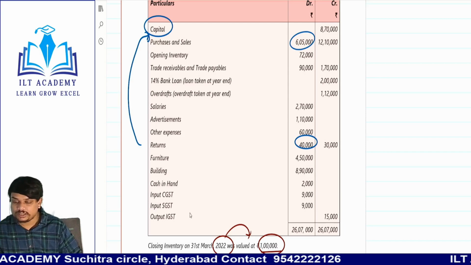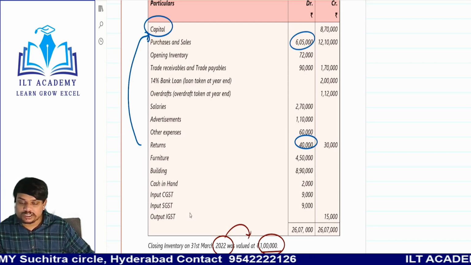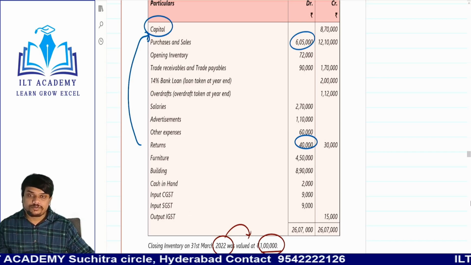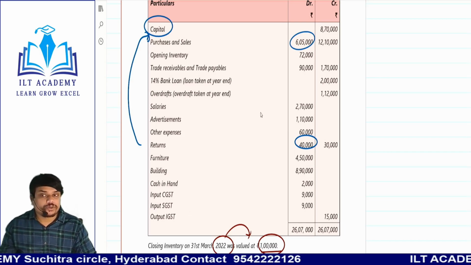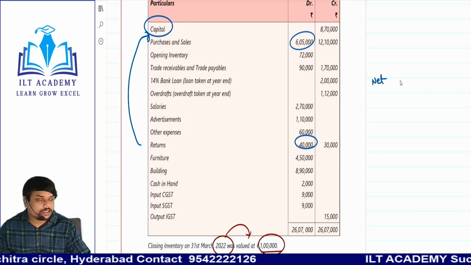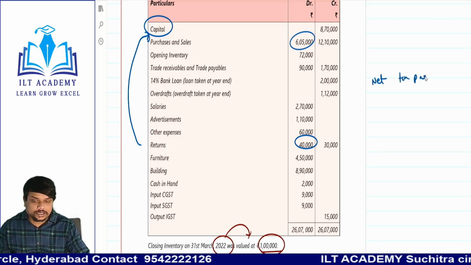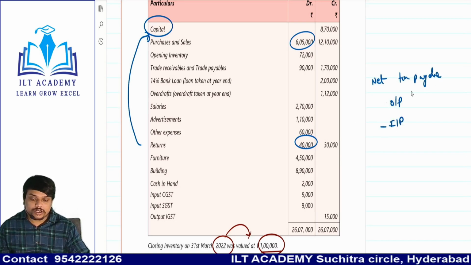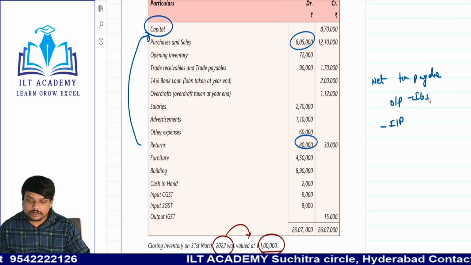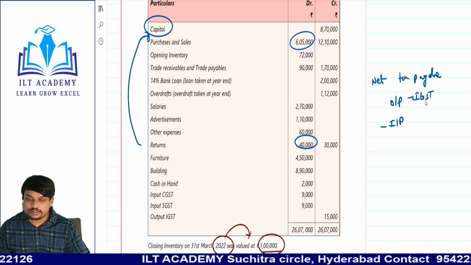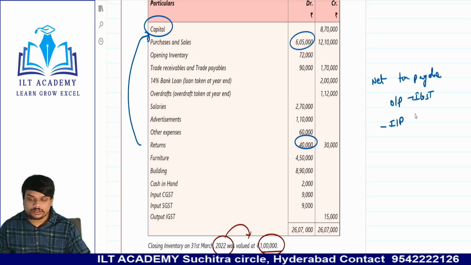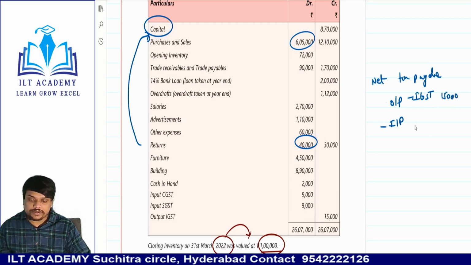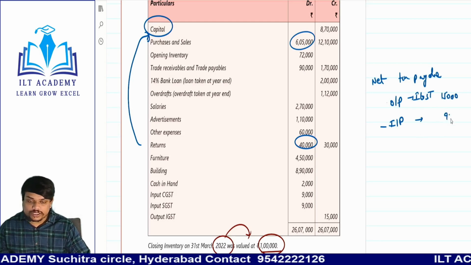Input CGST 9,000. Input SGST 9,000 and output IGST. Now what we need to do is net tax payable. Net tax payable is equal to output minus input. Now output is IGST. Output is 15,000 and we can use input of 9,000 first.